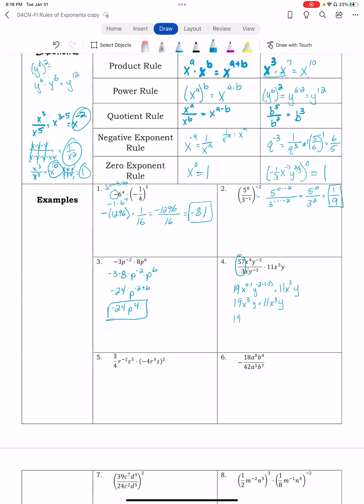I'm going to rearrange, you guys don't have to do this, times x cubed times x cubed times y, and I consolidate all of this.